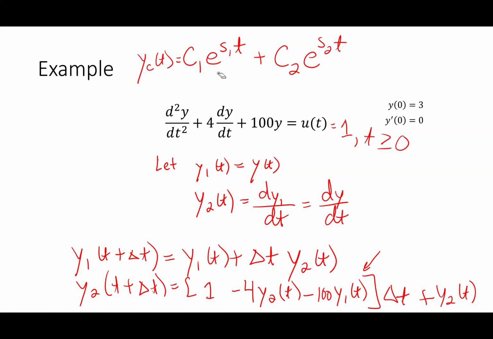Right, so I go to the characteristic equation. What's the characteristic equation for this? S squared plus 4S plus 100 equals 0. Now I'm going to solve for the roots, but how can I check whether the roots are real or complex? Yes, the discriminant: B squared minus 4 times C. In this case, B squared is 16 minus 4 times 100.